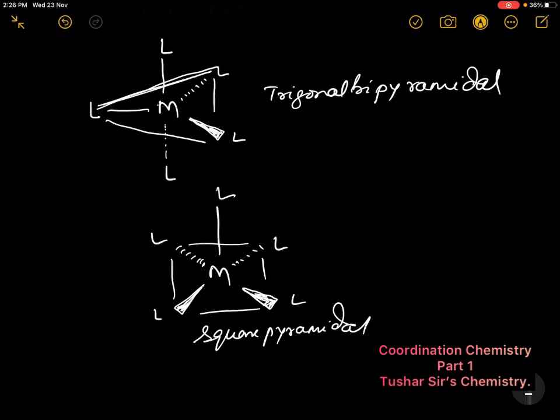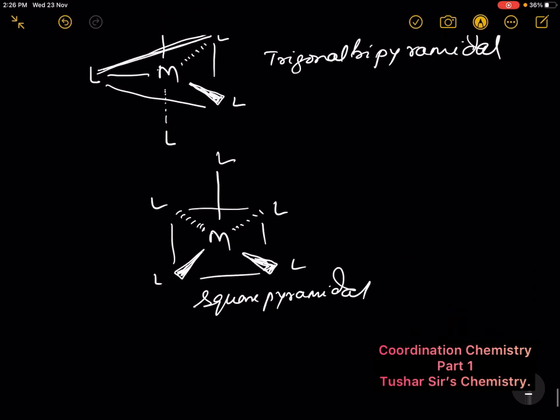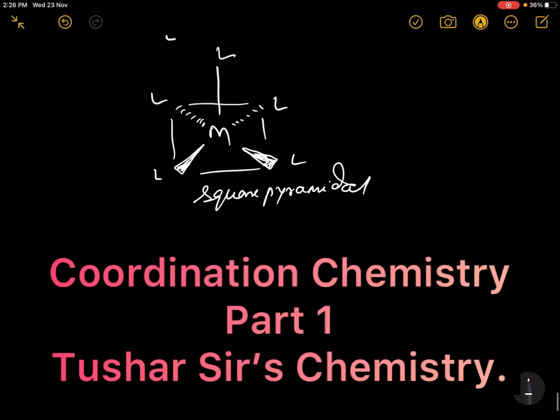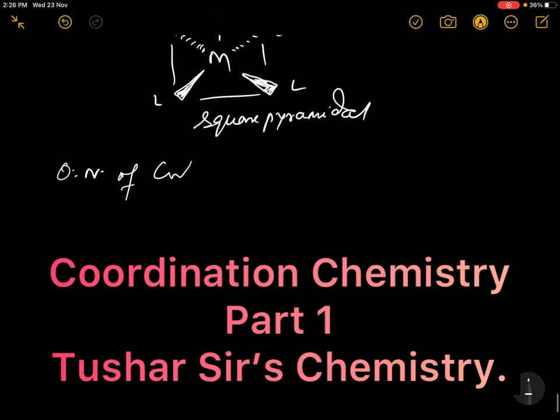Then oxidation number of the central metal ion, of the central metal atom. Suppose [Ag(NH3)2] plus is there. What is the oxidation number of silver?